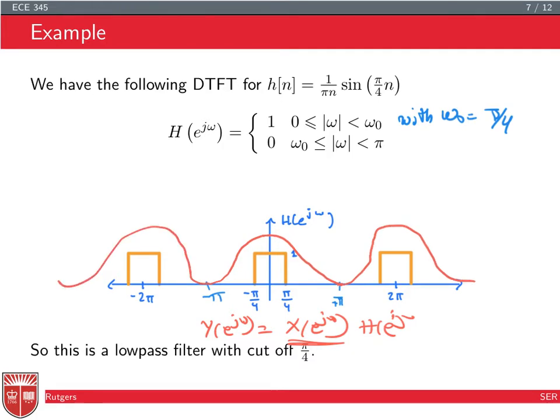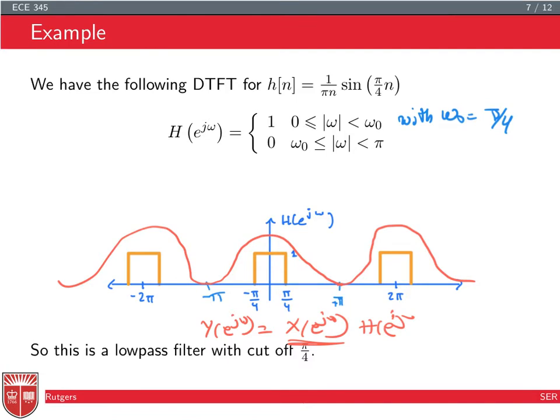Since these two things are going to be multiplied, everything in the signal that is between minus π and minus π/4 in this interval here is going to be multiplied by 0, so it's going to be zeroed out, and what remains is what I'm going to highlight in green.